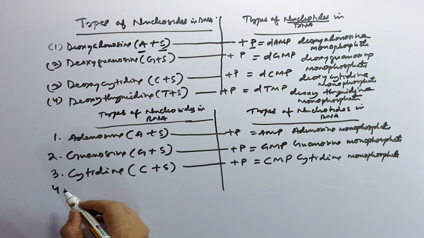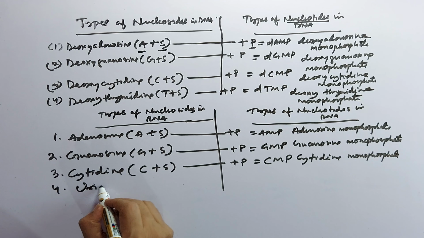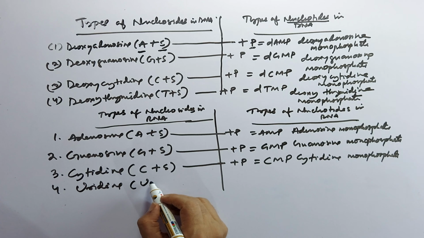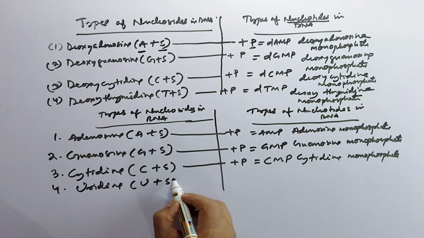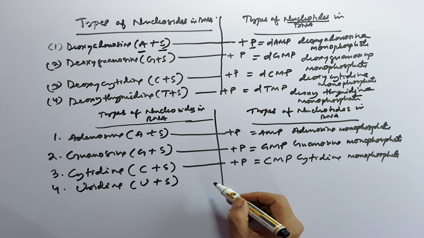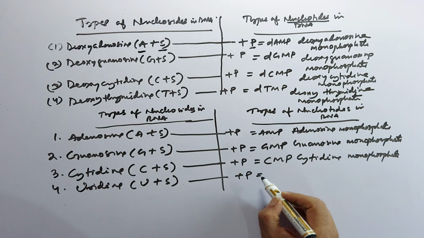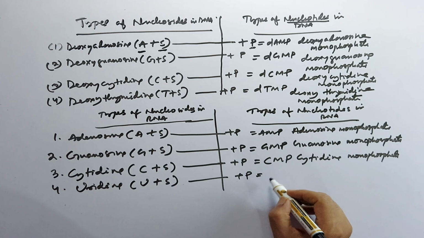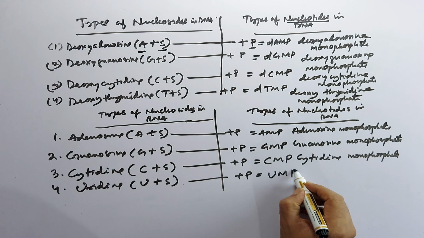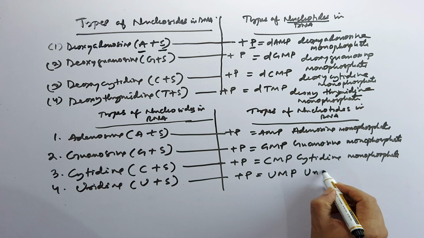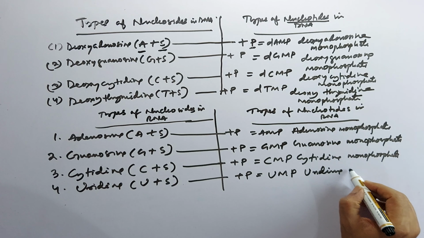And the fourth one is uridine, that is uracil plus pentose sugar, added with phosphate, UMP, uridine monophosphate.